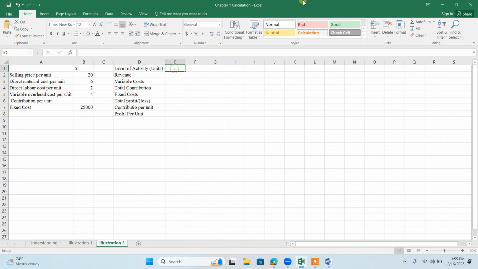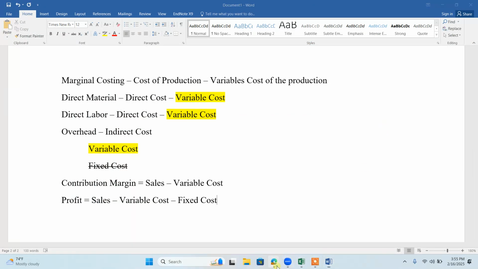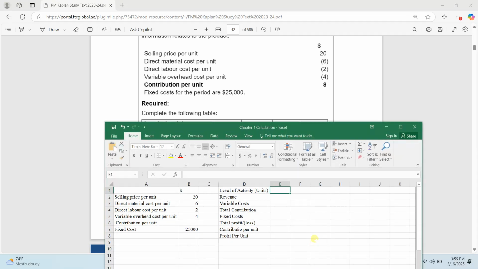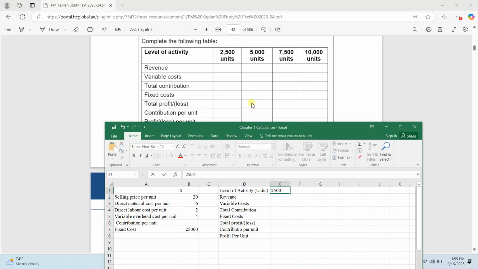Level of activity. I have to calculate it for 2,500 units, 5,000 units, 7,500 units, and 10,000 units. What will be the revenue if I am producing 2,500 units? What is the sale price? 25 multiplied by 20.